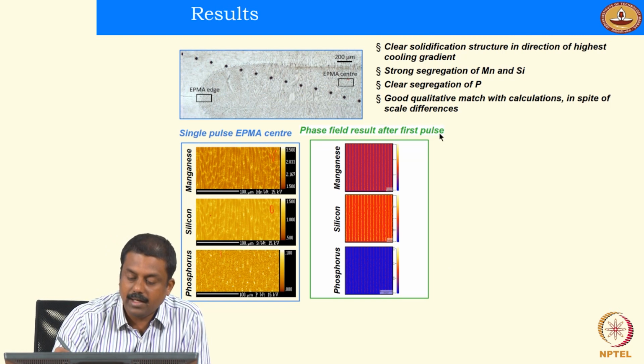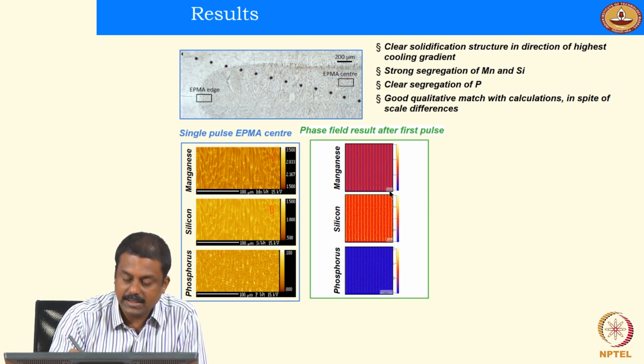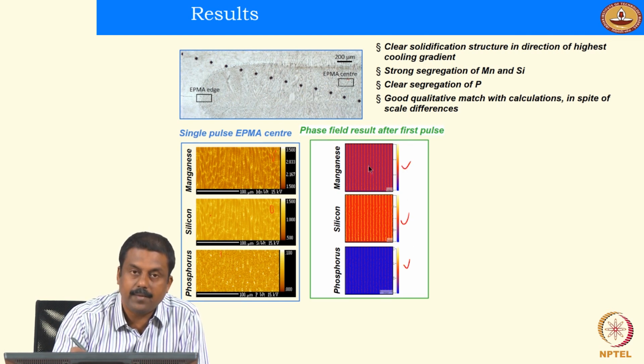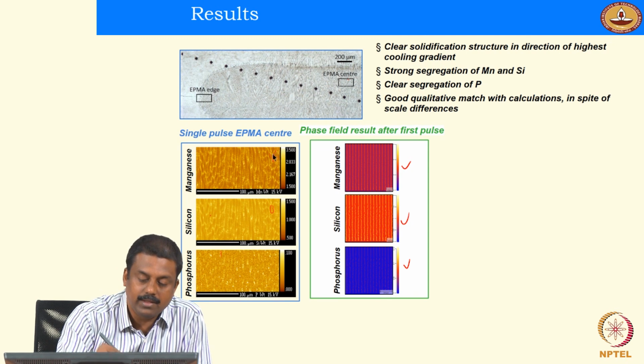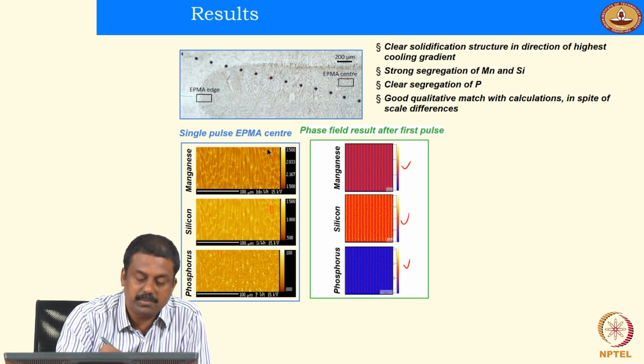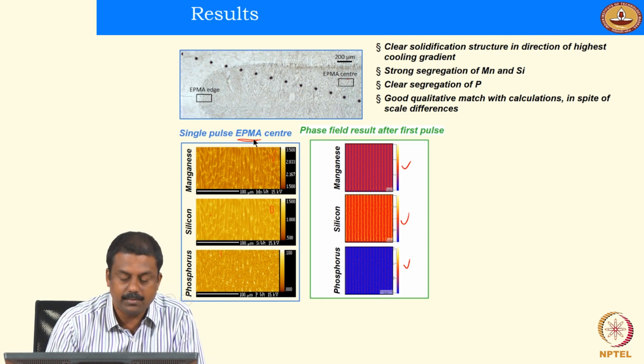And you see the calculation results, what I showed you in the previous slide also. You see the clear segregation of phosphorus, manganese and silicon at the dendritic boundaries, which is clearly seen also in the experiment by the elemental mapping, electron probe microanalysis mapping.